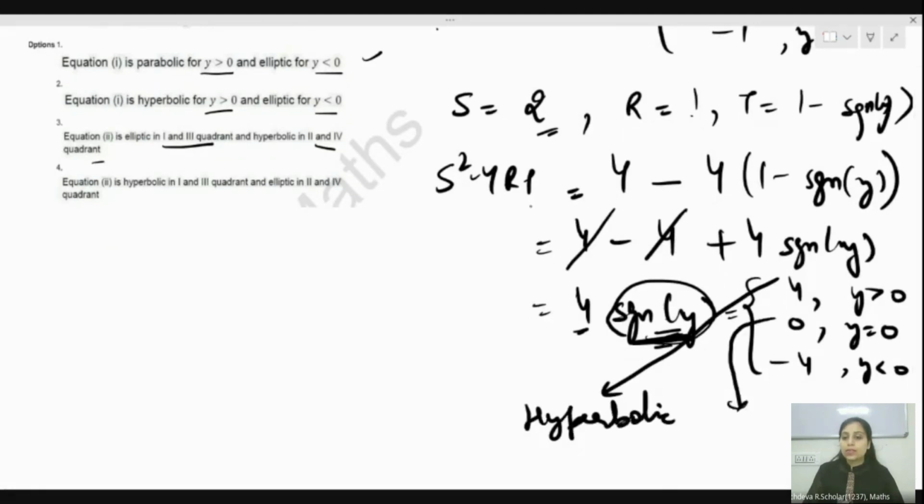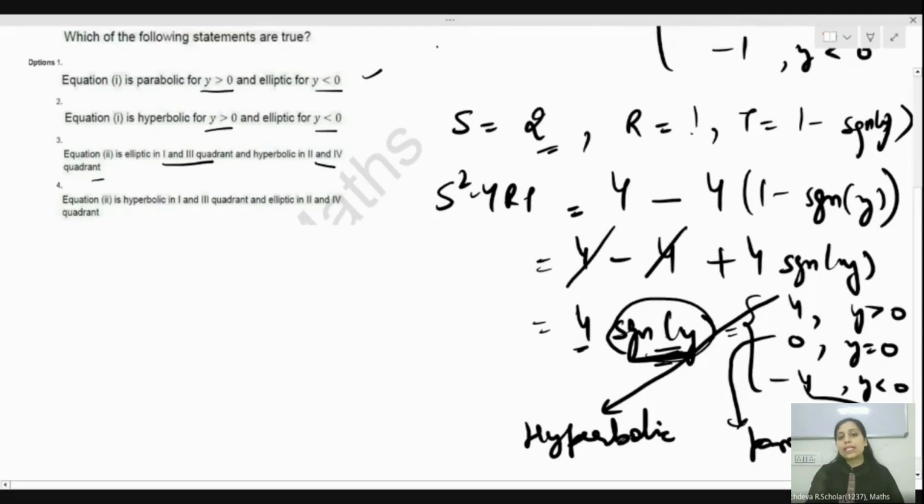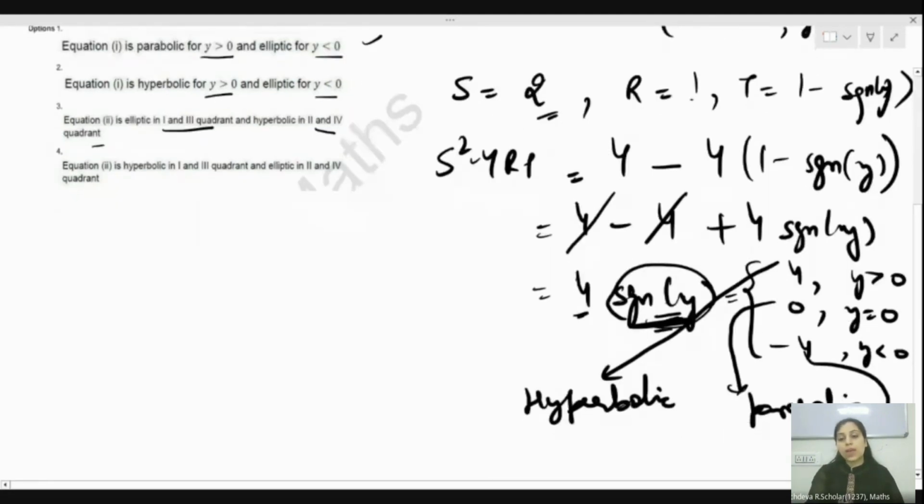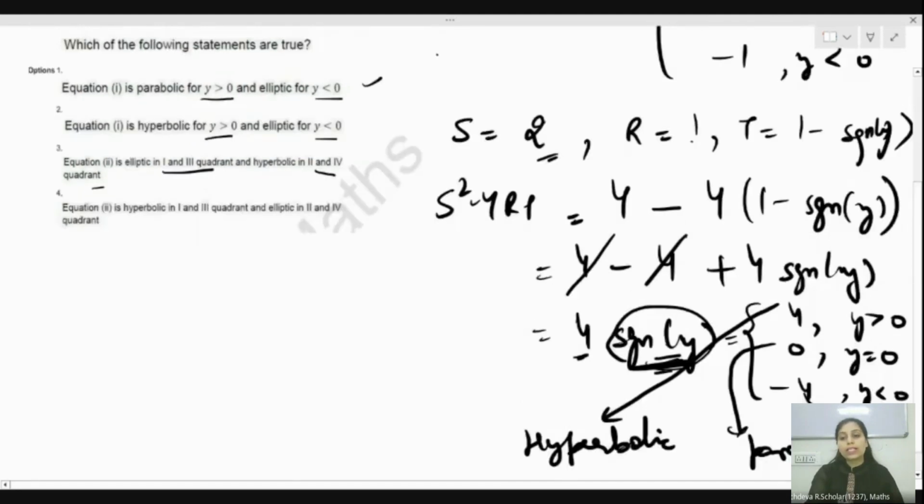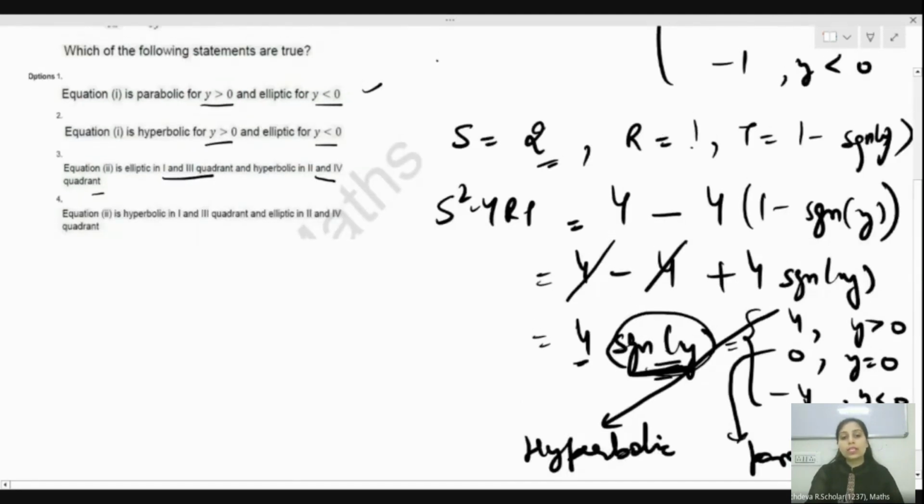When the answer is 0, that will give you a parabolic equation. When the answer is negative, that will give you an elliptic equation. So for y greater than 0, the equation is hyperbolic, and for y less than 0, it is elliptic. So option second is correct and first is cancelled out.